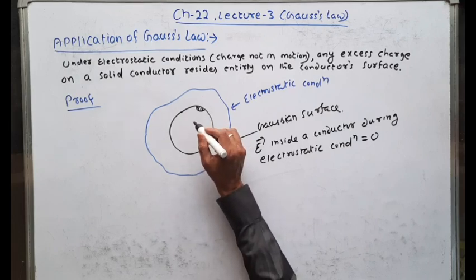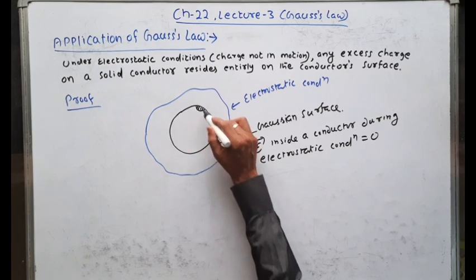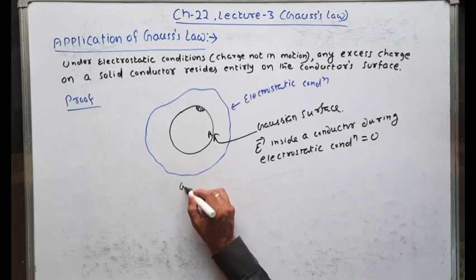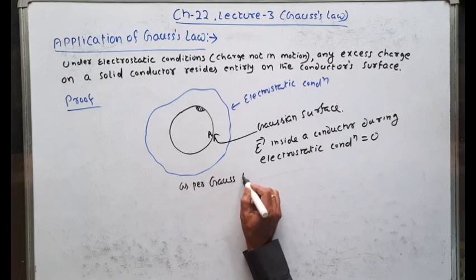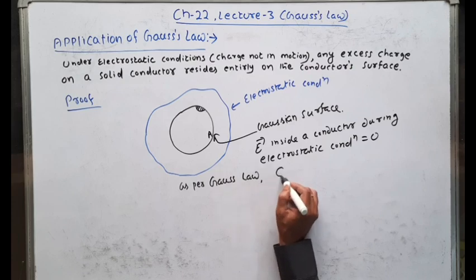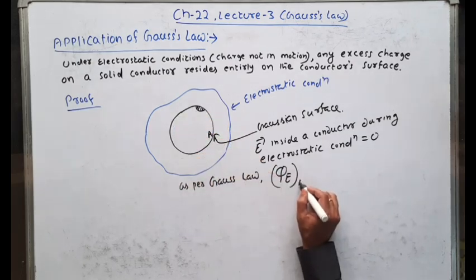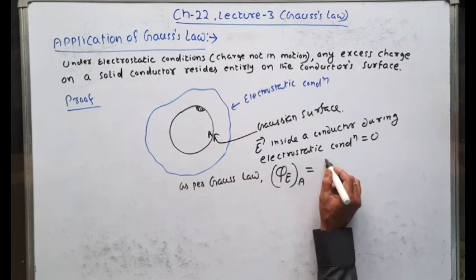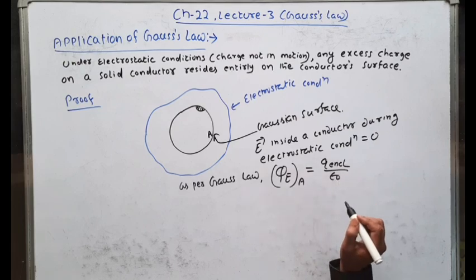So what is Gauss law? If you apply the Gauss law within this Gaussian surface, what is the formula? As per Gauss law, the total electric flux phi through the Gaussian surface A is equal to the charge enclosed divided by epsilon naught.